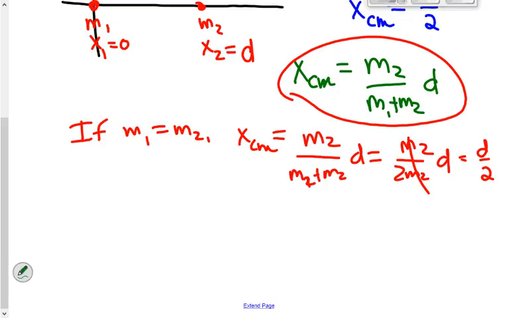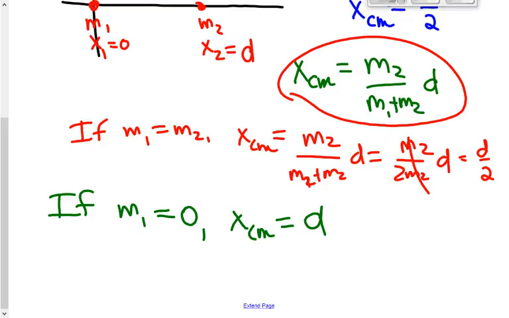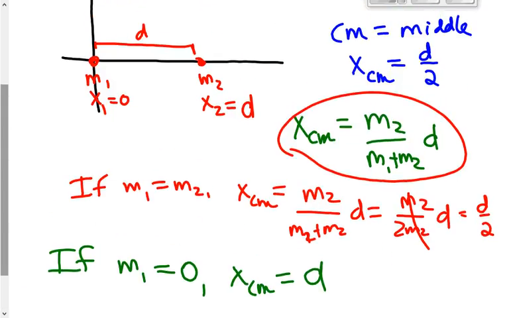Make sense? Okay, so we could take another extreme case here. What if m1 was equal to 0? Then where would my formula say the center of mass was? D. Which again, I think makes sense. If this mass goes away, all my mass is over here, so the center of mass would have to be where all my mass was.